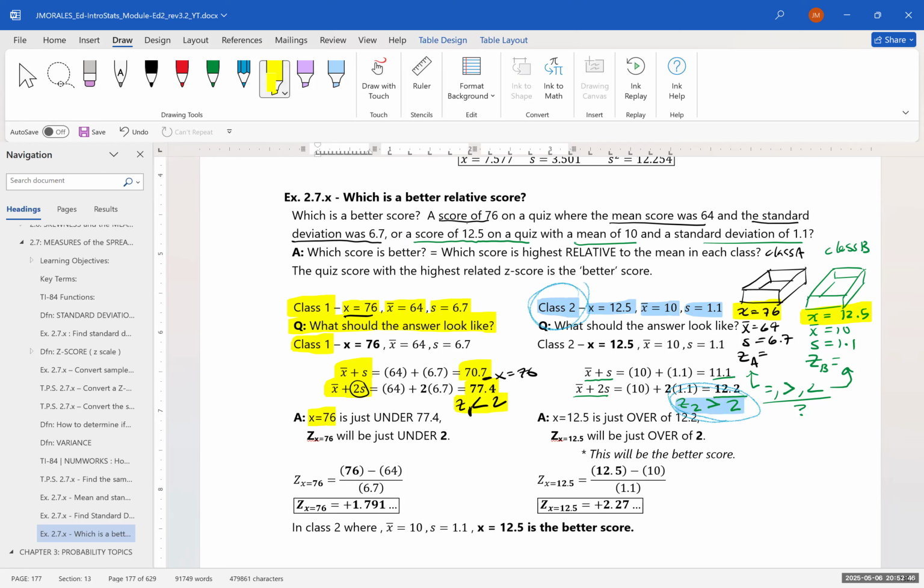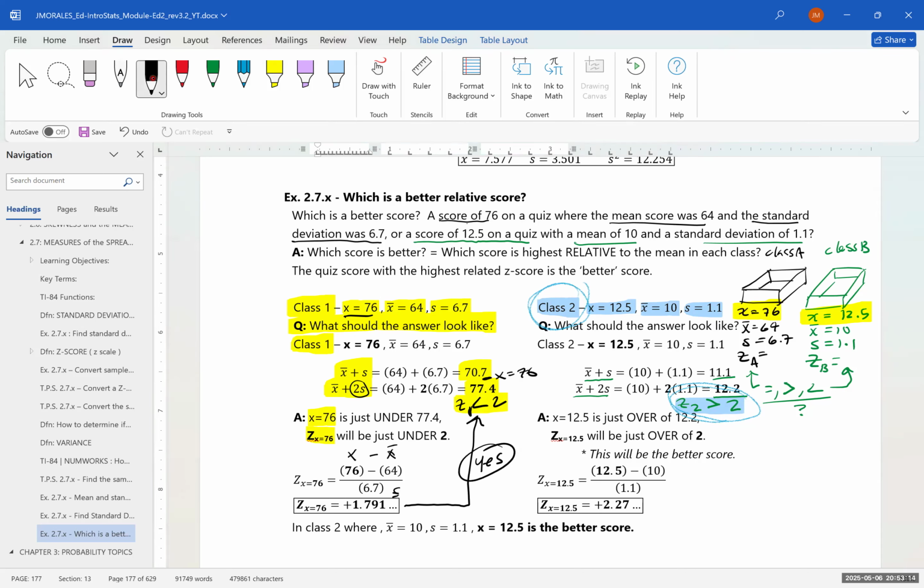So if x is 76, we're going to use this formula for calculating a z-score, which is what? X minus x bar all over s. And when we do that, we get a positive 1.791. So is this positive 1.791 less than 2?